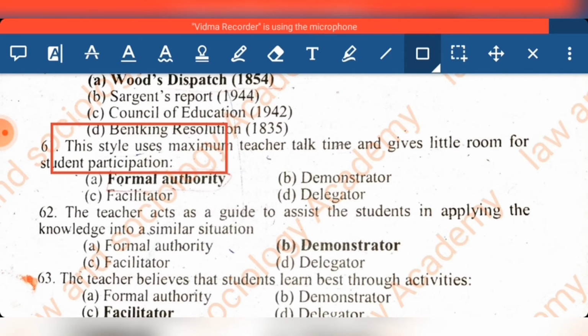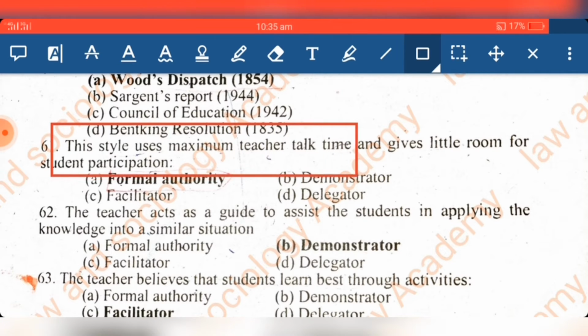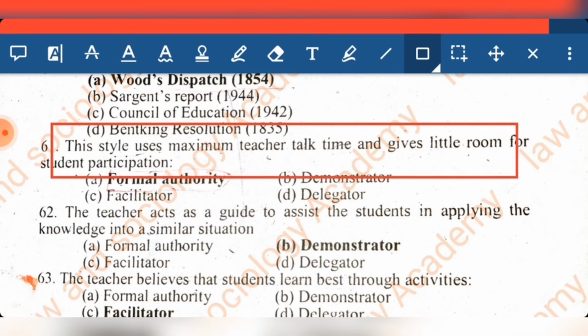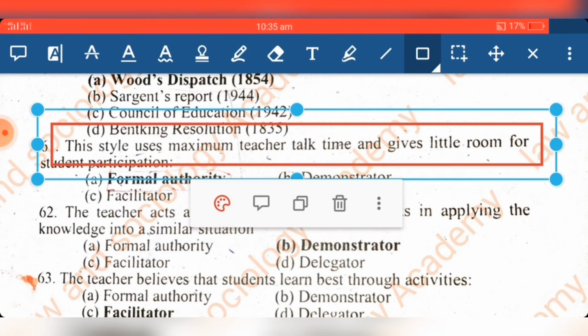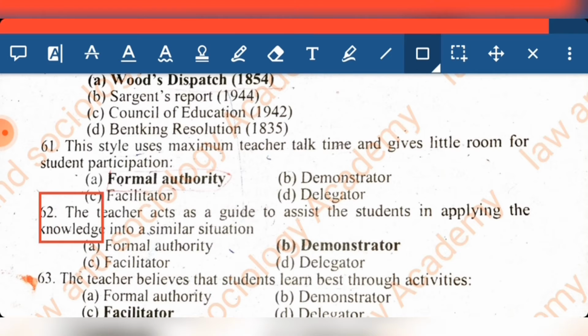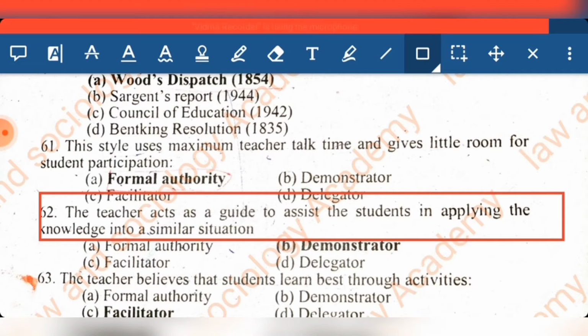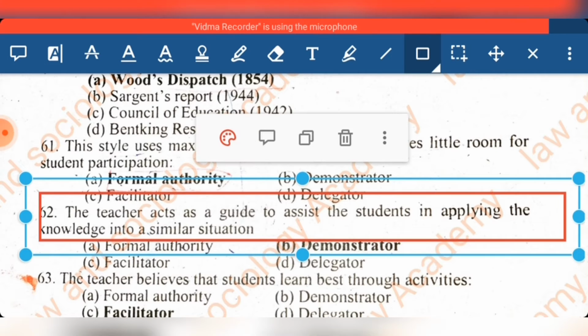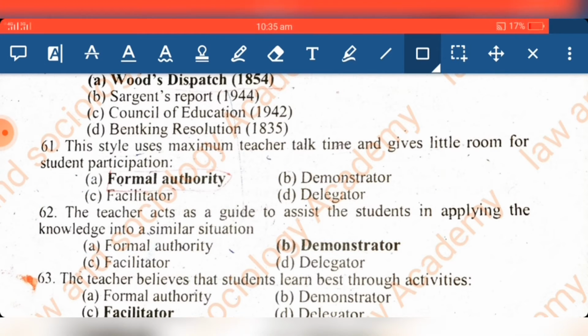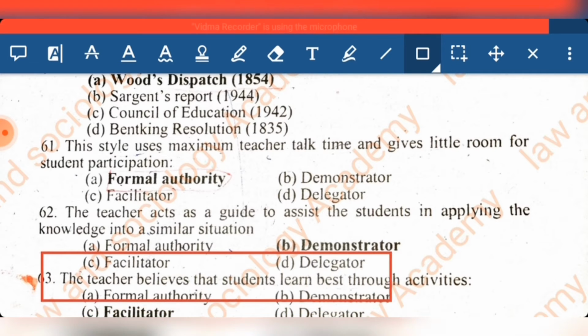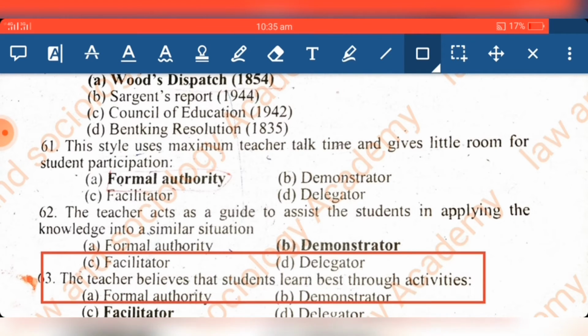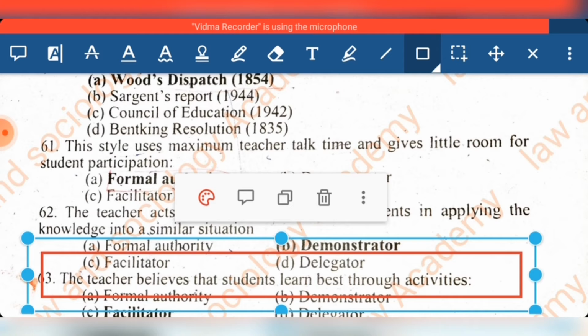This style uses maximum teacher talk time and gives little room for students' participation, formal authority, and the teacher acts as a guide to assist the student in applying the knowledge into a similar situation. Democrat. The teacher believes that students learn best through activities.